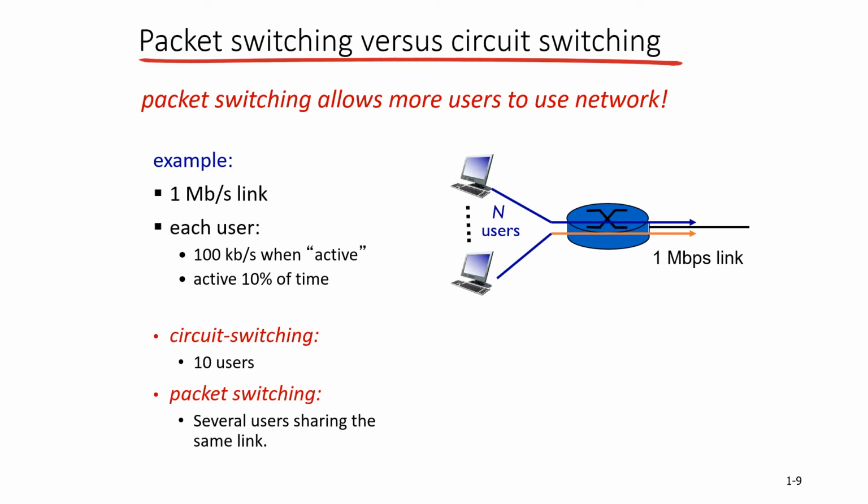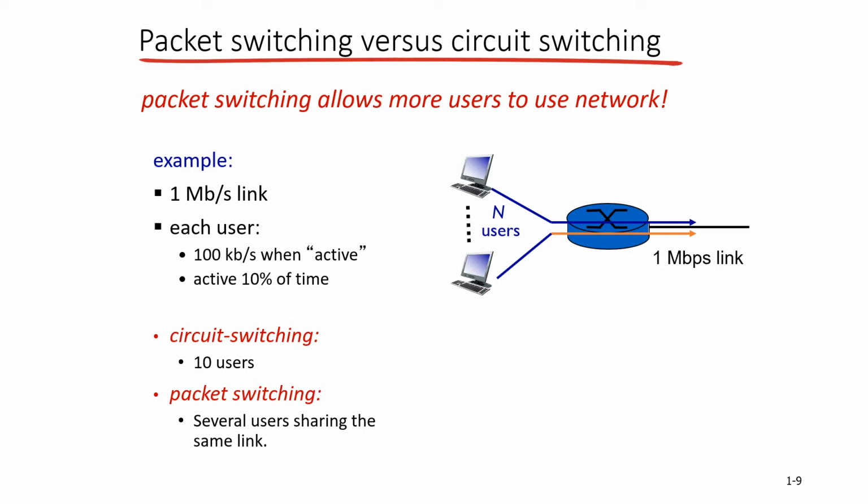But in everyday computing and whenever we are browsing the internet, there is idle time as well. There are times when we download a page and we are reading the page and we are not actively browsing the internet. During those durations, we are not using the link. If we are using packet switched networks, that means that during that particular time, somebody else can use the link and achieve a maximum of 1 megabit per second.